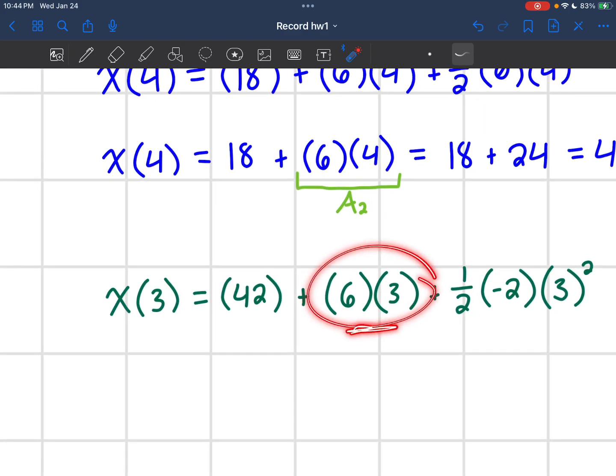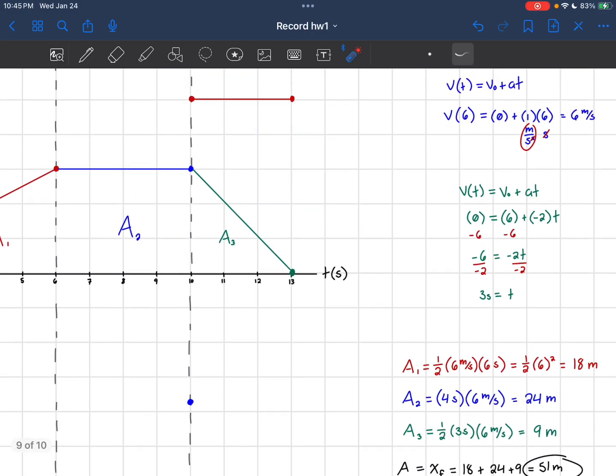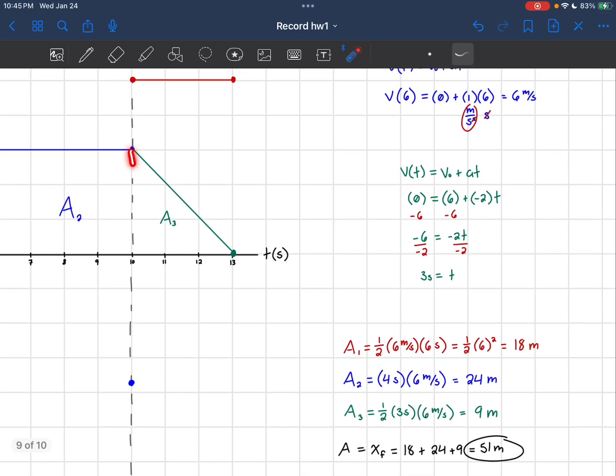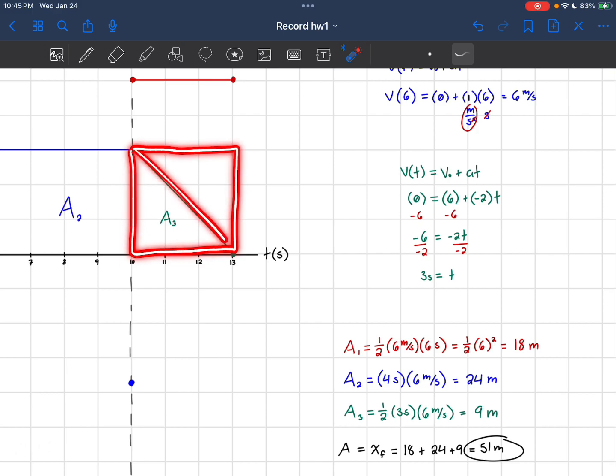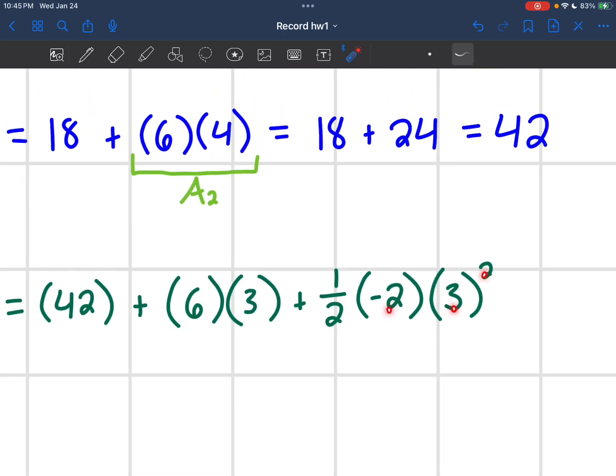If we imagine this part, this 6 times 3, as a rectangle with a base of 3 and a height of 6, and then I subtract the area of this triangle here, because instead of being 2 times 3 times 3, if we take one of those 3's with that 2, then I'll have negative 6 times 3 with that same 1/2.